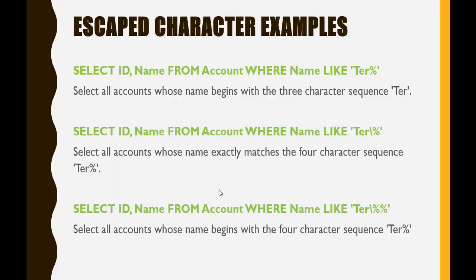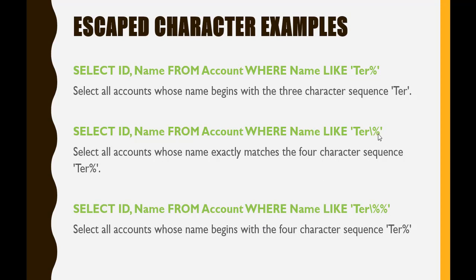So let's say you wanted to select all the accounts whose name exactly matches the 4-character sequence, this one. You don't want records that start with or begin with it, but records that exactly match. So we're looking for a 4-letter word which is exactly equal to TER%.